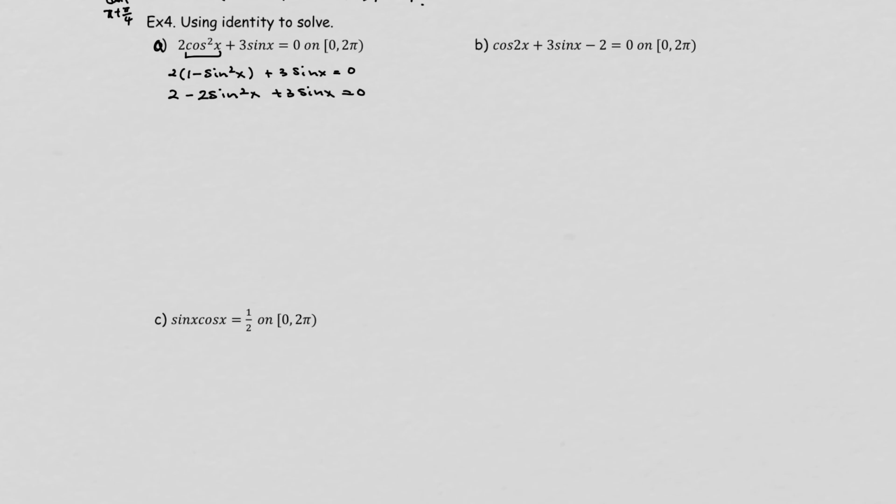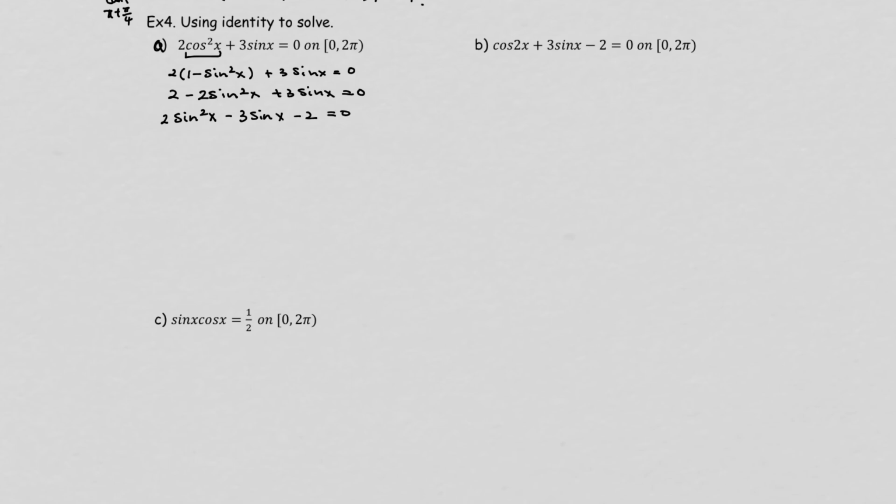Then let's rewrite this in descending order and make the first term positive. So it means you're going to multiply everything by negative. Then it gives you 2 sine square x minus 3 sine x minus 2.